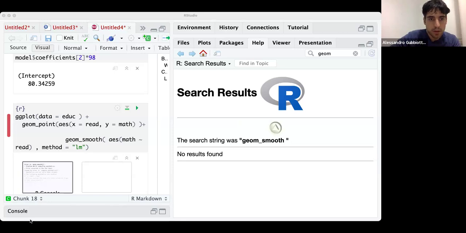Yeah, it should be this one. So method, probably I need to write the method in here.